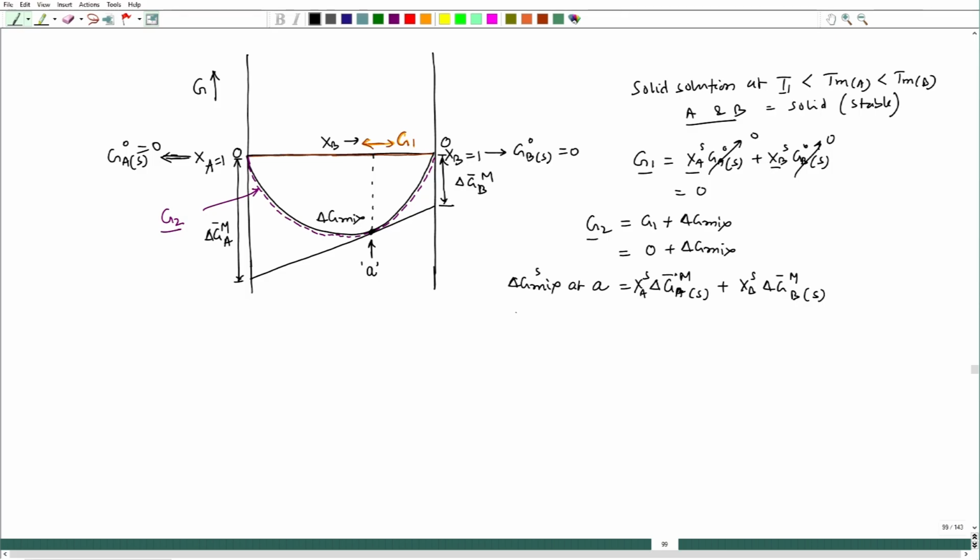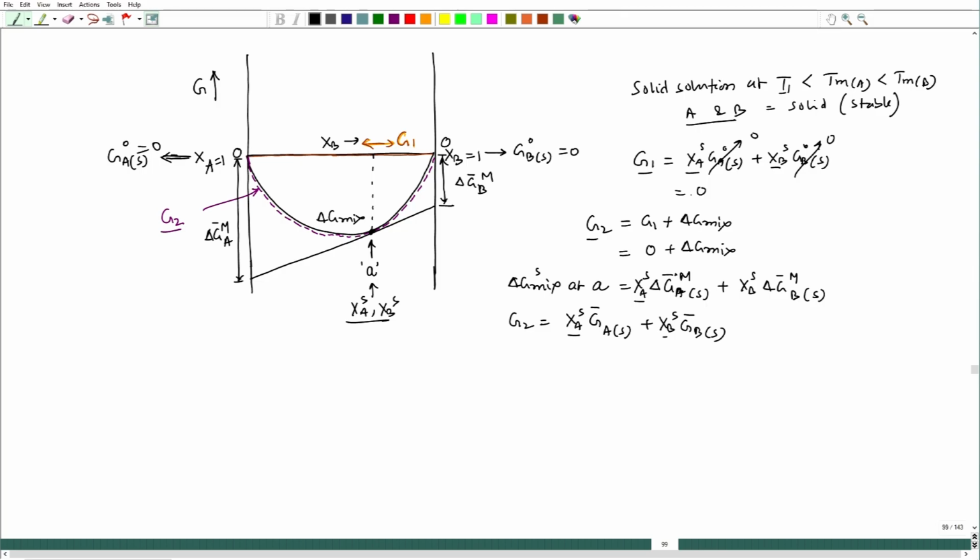So I can put it like this: G2 equals x A solid delta G bar A solid plus x B solid G bar B solid. So this composition is nothing but x A solid and x B solid.